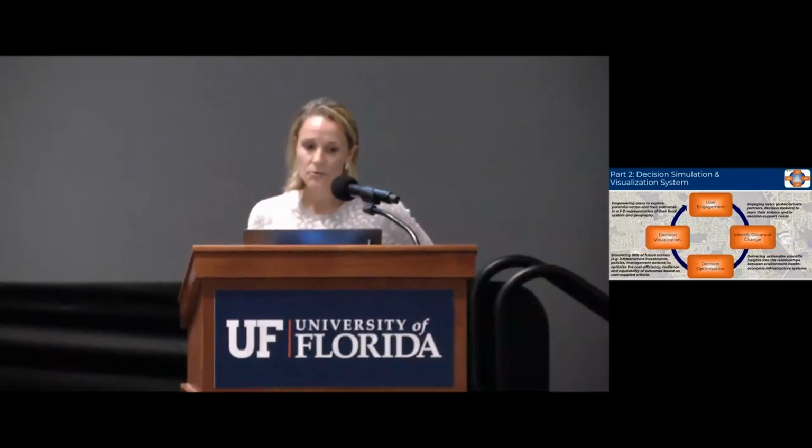I'm just going to walk you through this collaborative ecosystem that we're going to be working with experts on campus to develop. It really starts with user engagement, essentially connecting our experts on campus with the users who ultimately are going to need to use the digital twin. So it's engaging public and private partners, business leaders, and community leaders to learn the science and decision support needs that they have to make planning decisions for the future.